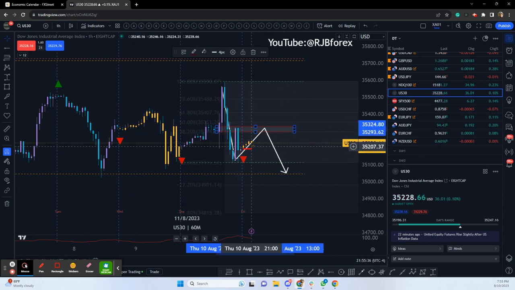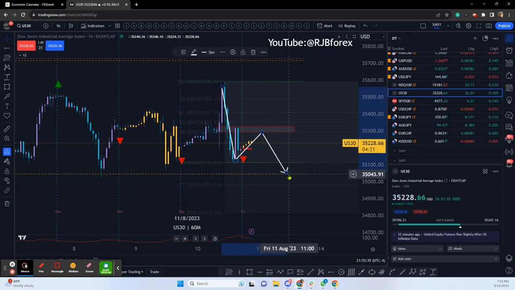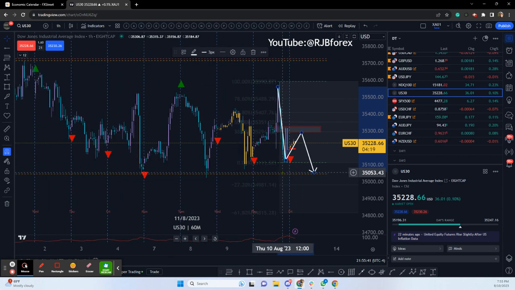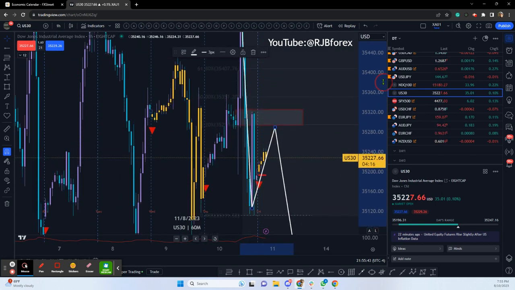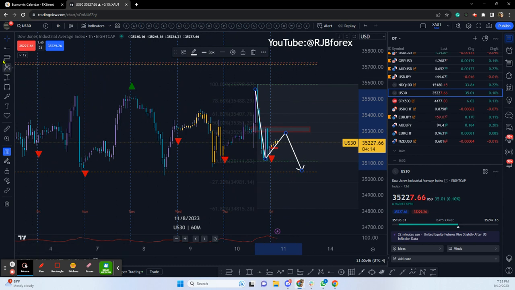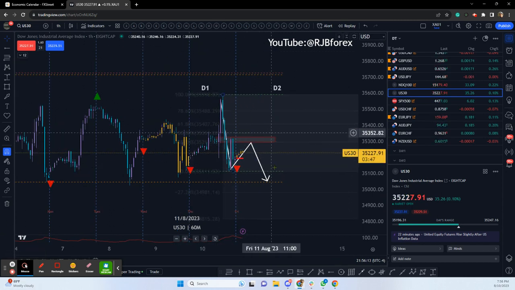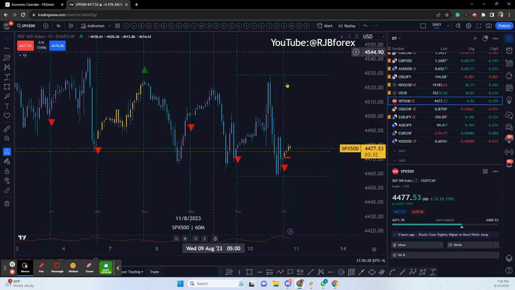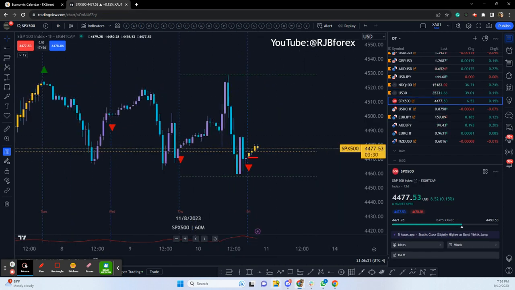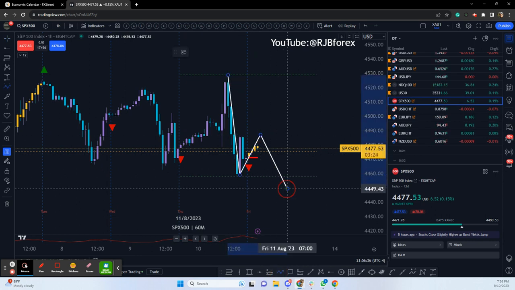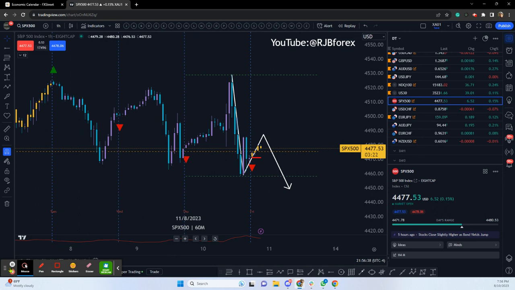The target area for the capitulation of the bulls to come in to target last week's lows. So that's the US 30, downside continuation. Same for the S&P. Day 2, continuation to the downside.